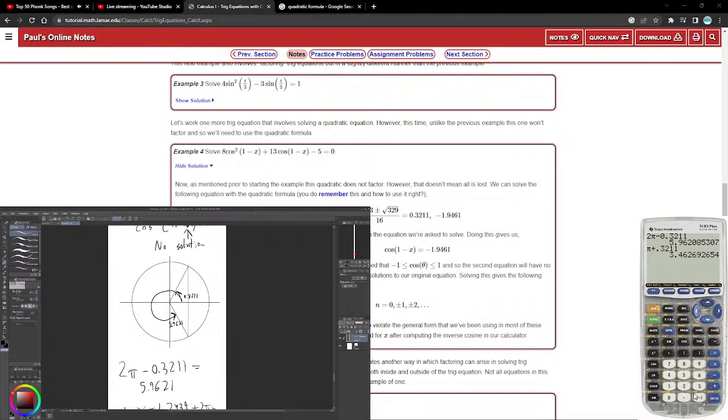Okay, so we had to have used 0.3211 in some way, right? It's a negative version of this. Or wait, I did that wrong.